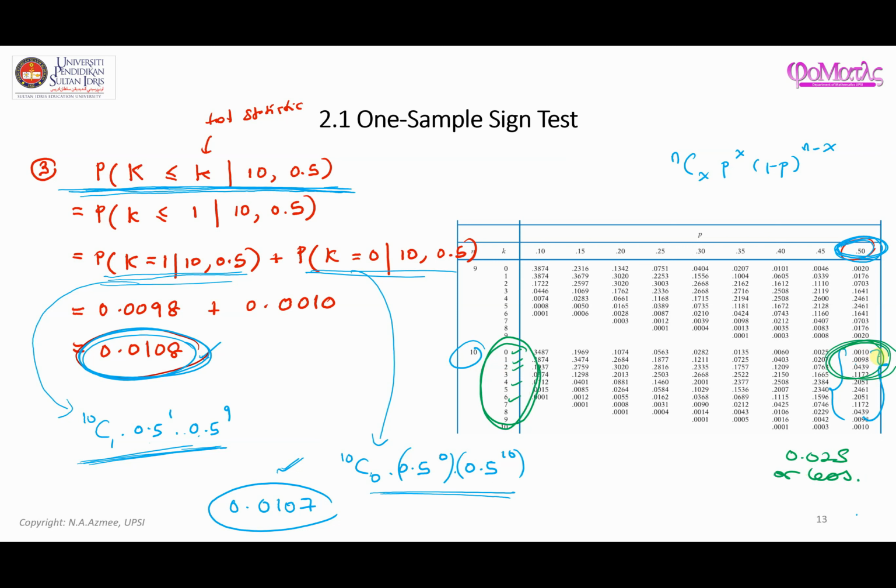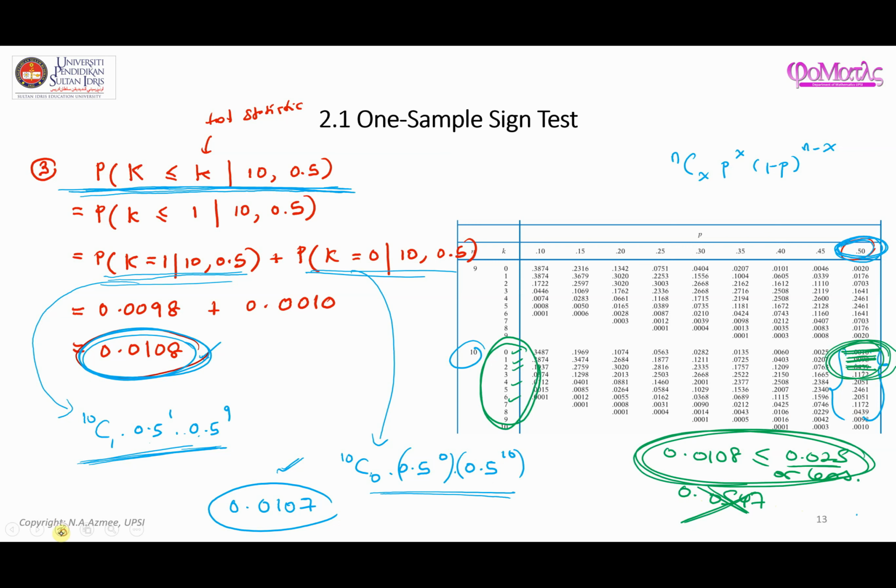So clearly, if you add up this probability and this probability, you will get a value that is 0.0108, clearly less than or equal to 0.025. If you continue at this one, that will exceed 0.025. It will be about 0.0547. So we can't consider that one. We need to consider the one that is less than or equal to 0.025.